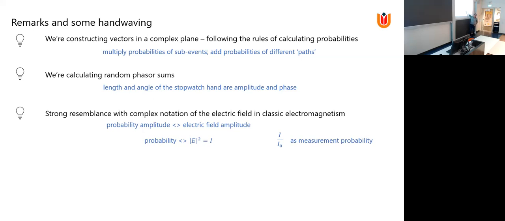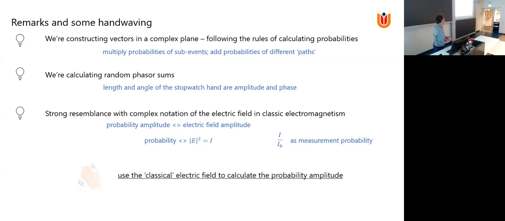In the semi-classical theory, you have the electric field amplitude. You can square both. If you square the probability amplitude, you get the observable probability. If you square the electric field amplitude, you get the observable power. So there is this connection between the two. The hand-waving part is that if we are allowed to use classical theory because we have a lot of photons, we can actually use that to calculate probabilities of detection and vice versa.